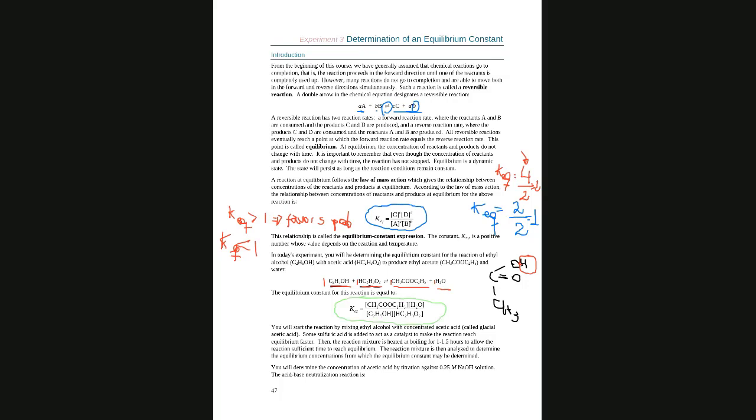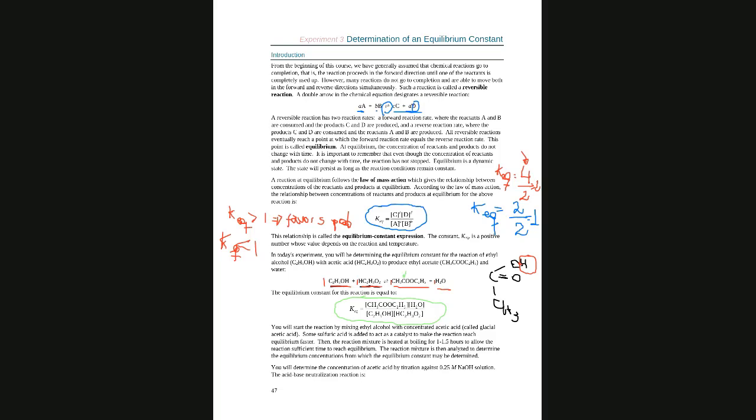Because we said, what is the equilibrium constant? It is the ratio of the products to the reactants. So the products, we put in the numerator, which is ethyl acetate, which is this one.